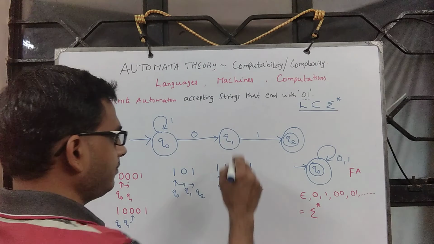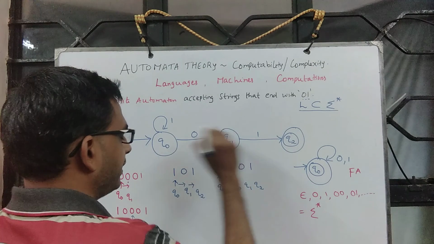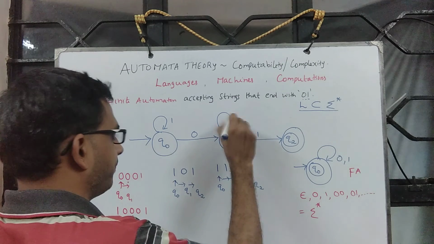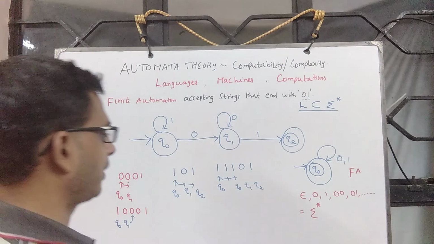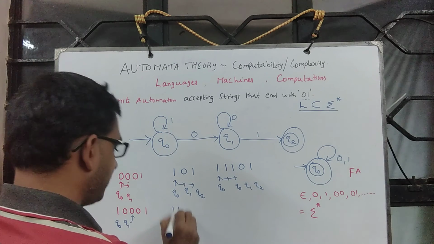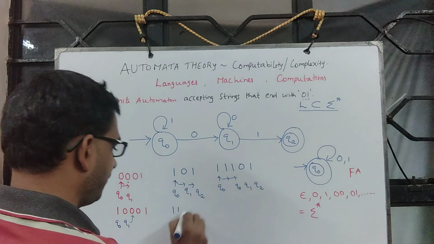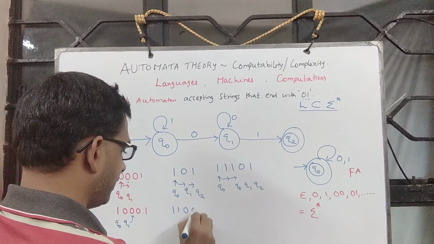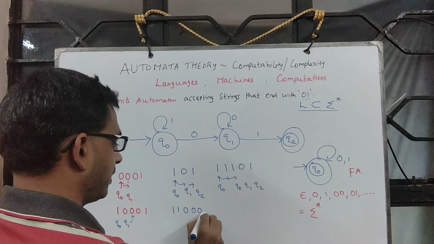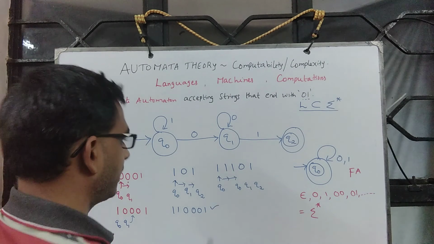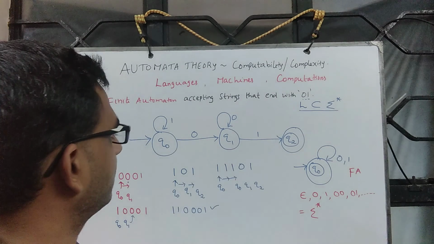Okay. Now on reading a 0, what do I do? I stay in the same state. Which means it may accept strings like 1, 1 followed by 0 and followed by 0, 0 followed by 1. Now this is a valid string and the machine can accept.